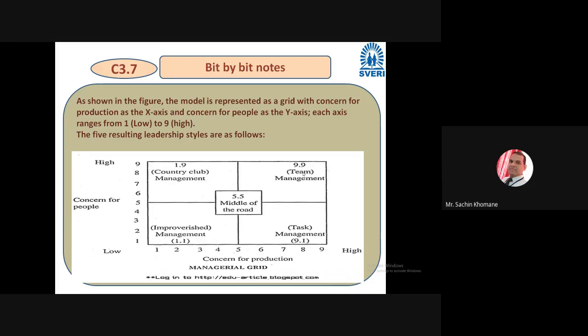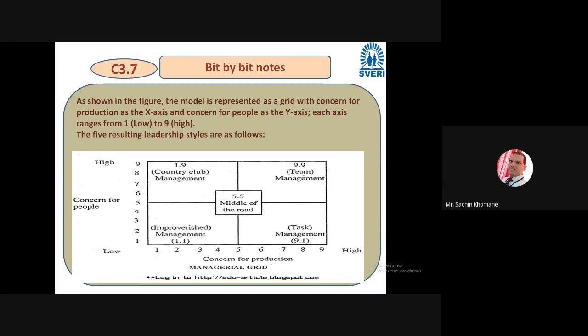You don't understand 1.1 as a numerical term, but two ones are there, right? So the combination of concern for production and concern for people becomes 1.1.